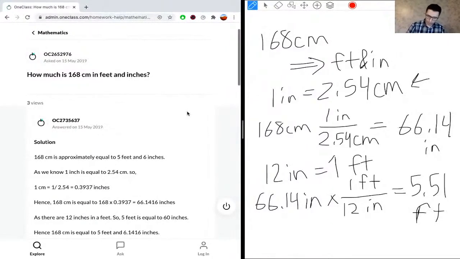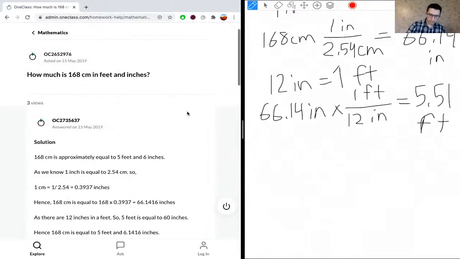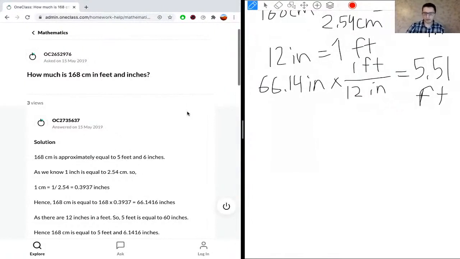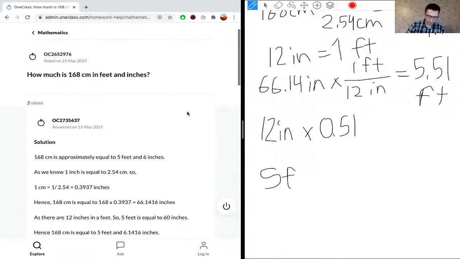So we're getting close to the final form. We want to represent this in feet and inches. So we know we have 5 feet, but we just want to convert the decimal points after that to inches. We know that it's going to be 5 feet and something inches.